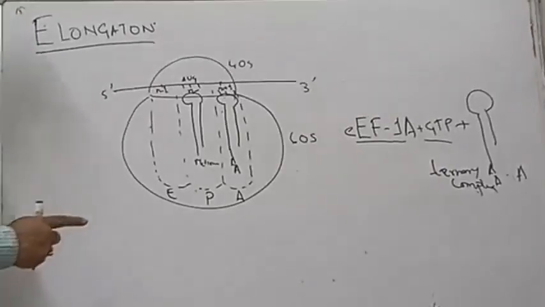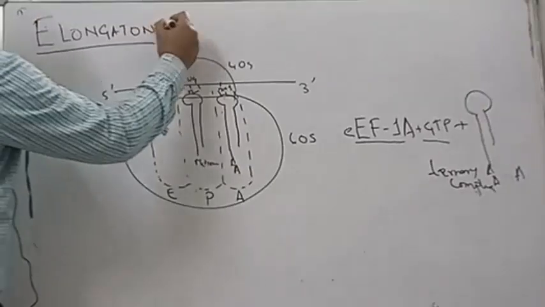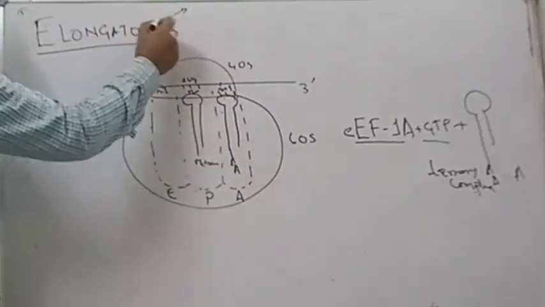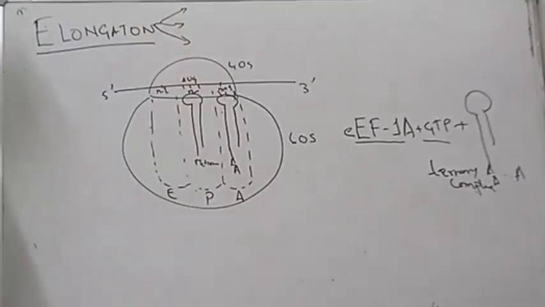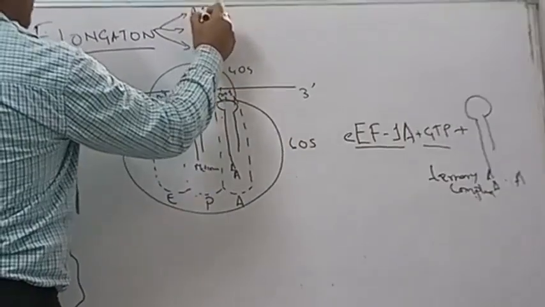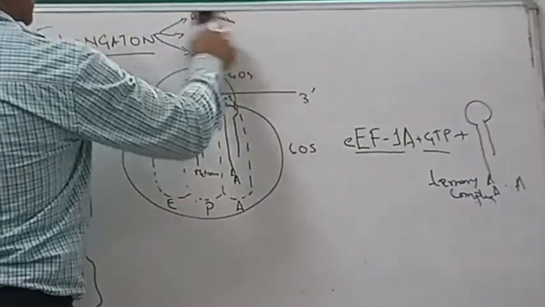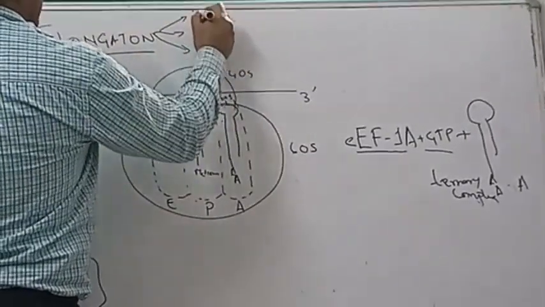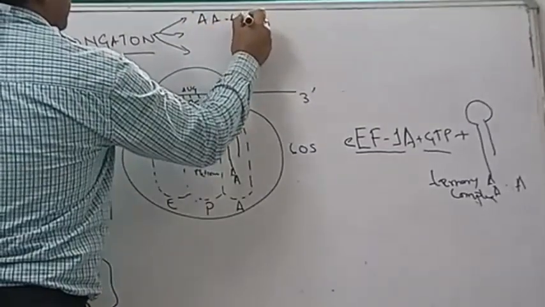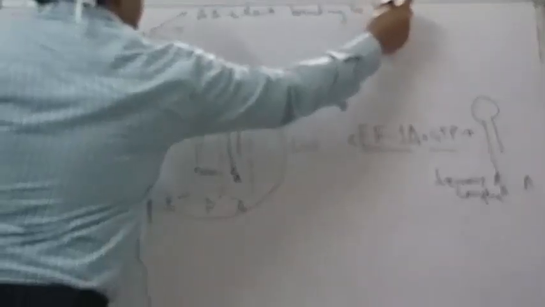Now we have to see how the peptide bond forms. I forgot to divide elongation; I can divide it into 3 steps. First is the aminoacyl tRNA binding to the A site.